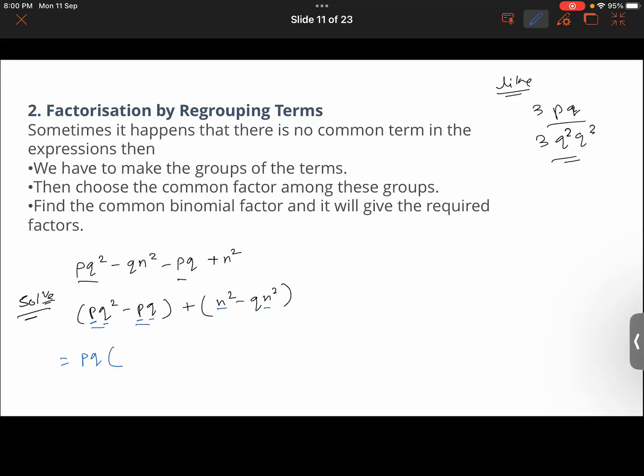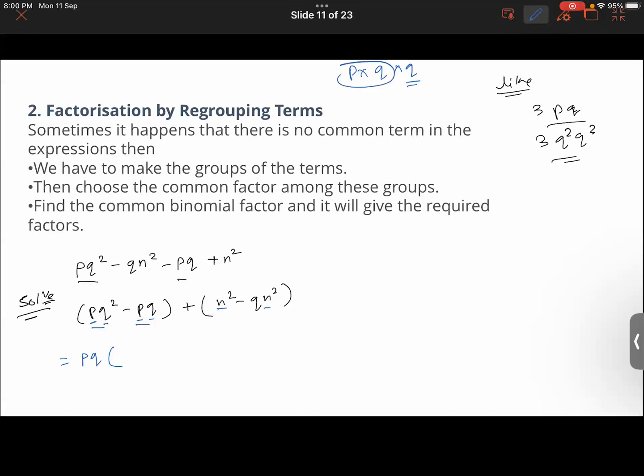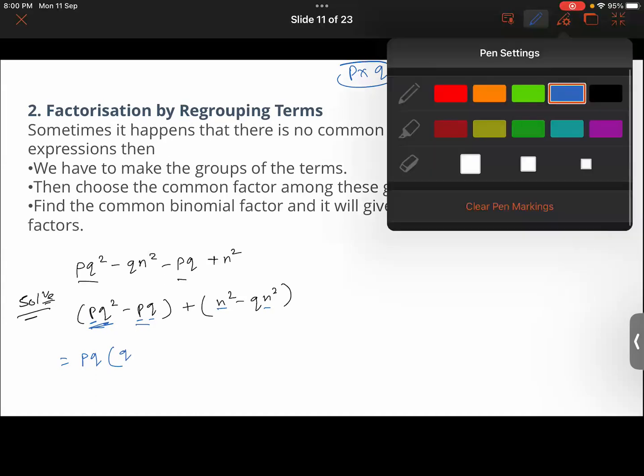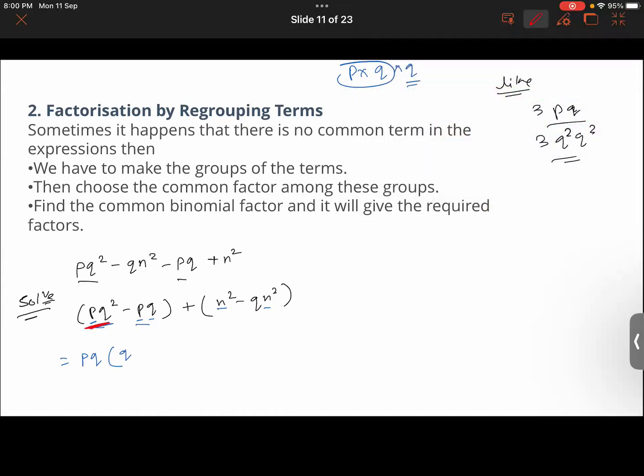From pq square, if you were to take out pq, you are left with only q. So you will be writing q here, and here it's going to be 1. Good. Then here the common is what?